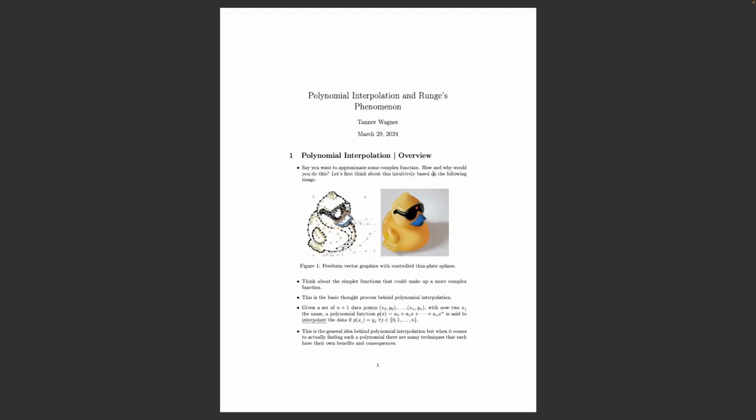But there's no such thing as the rubber ducky equation. You can't just derive an equation that perfectly creates this 3D rubber ducky as one equation. I know that you could probably go in Desmos and do a bunch of equations, which is essentially what we're talking about today. So how and why would you want to approximate this complex function?